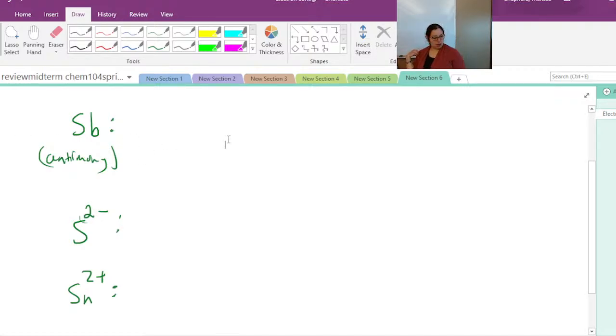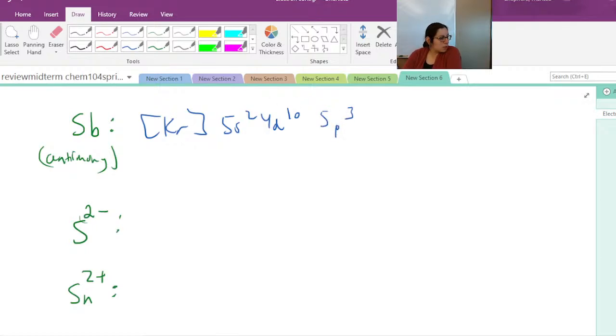All right, do we have the electron configuration? Let's start with antimony. So what do we get? Krypton, 4d10, 5s2, 5p3.